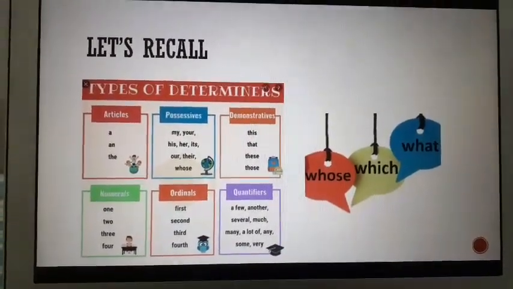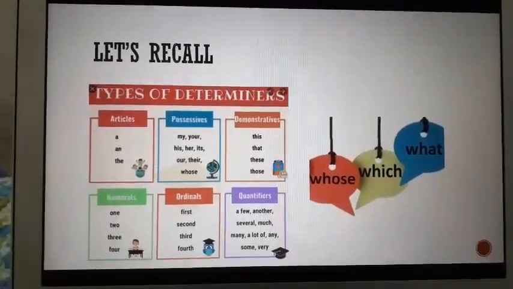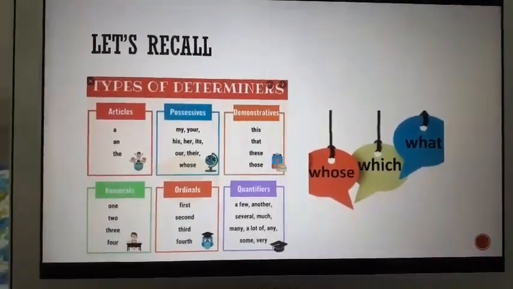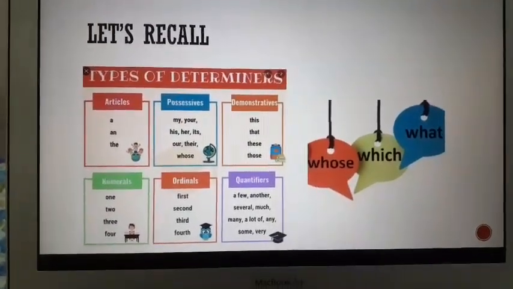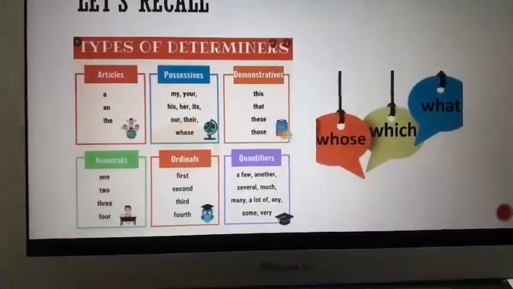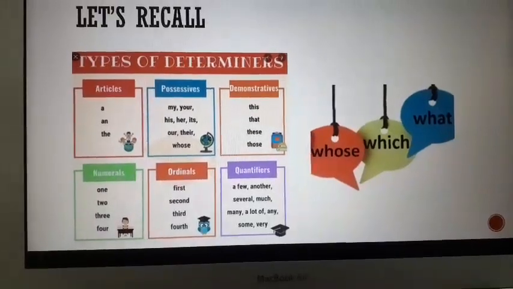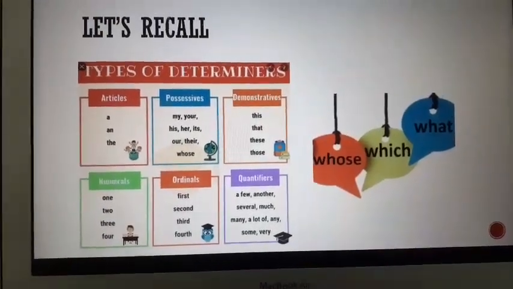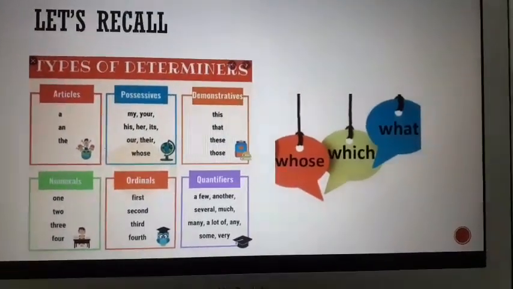Ordinals tell you about a sequence or an order: first, second, third, fourth, another, after. There are also numerals, but that is not in your chapter, though you can understand these are also types of determiners. 1, 2, 3, 4, all these numbers are also determiners which come before a noun.